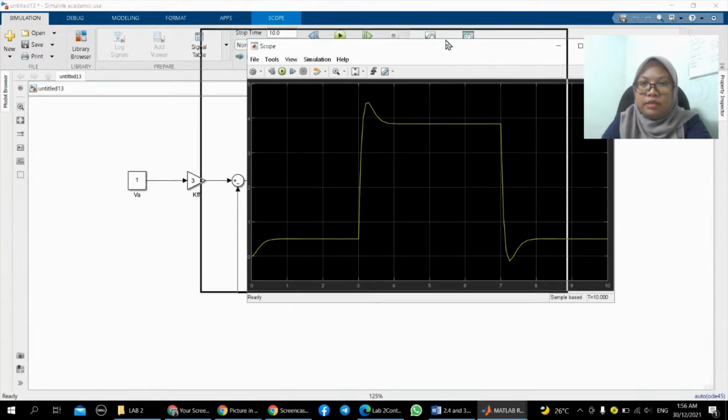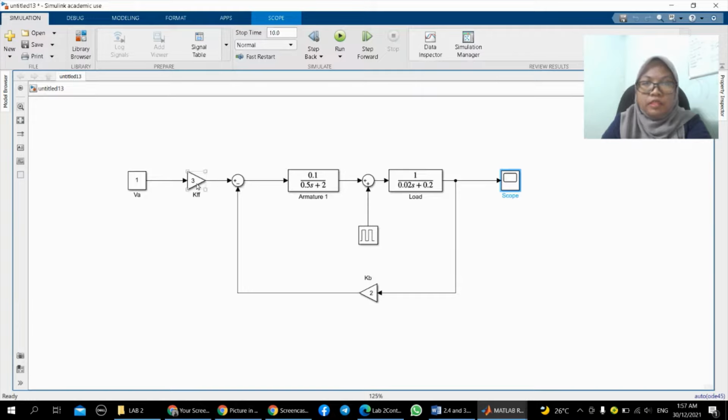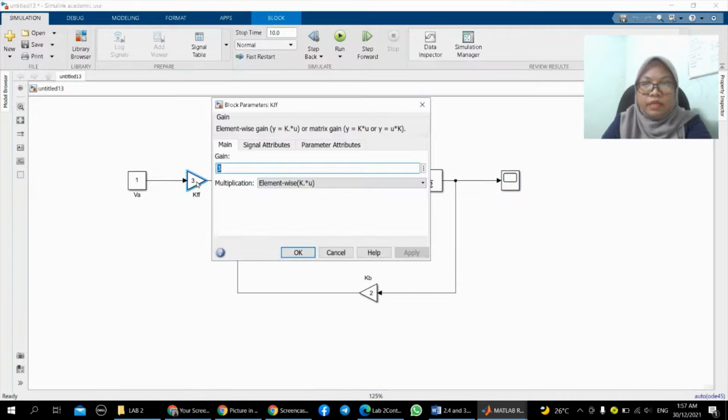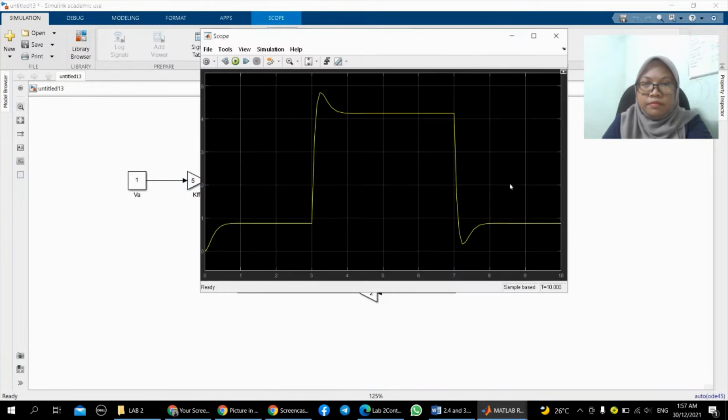Okay, this is the graph when the KFF is 3. Now we change the KFF to 5 and run. And this is the new graph for KFF equal to 5.